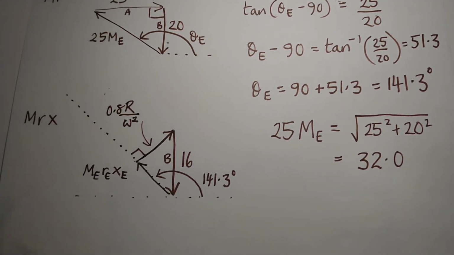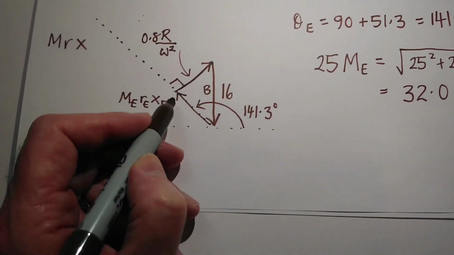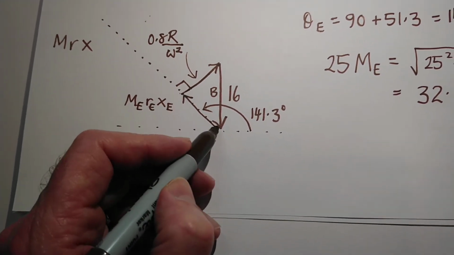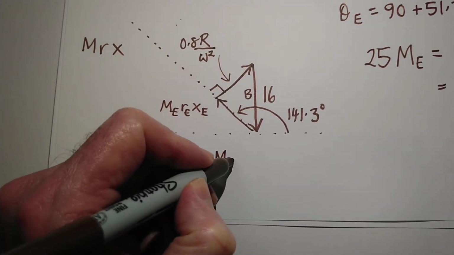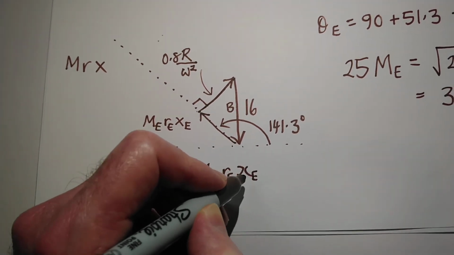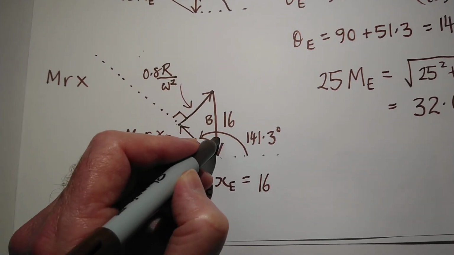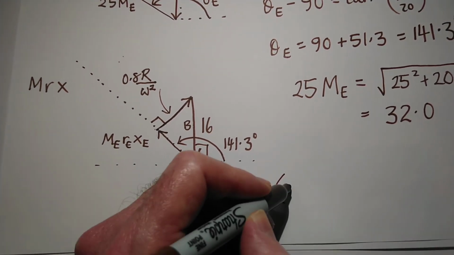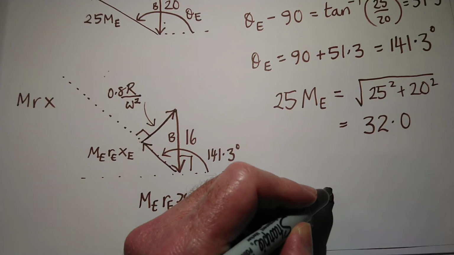Okay, so now we're in a position to work some stuff out. So for example, we can work out using simple trigonometry this length here. I'll start you off, but I won't do the whole thing. We can say, well, ME RE XE must be equal to 16, so this is a right angle here, so it's going to be 16 cos of 141.3 minus 90.